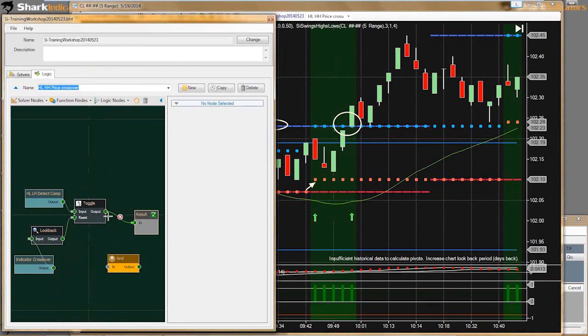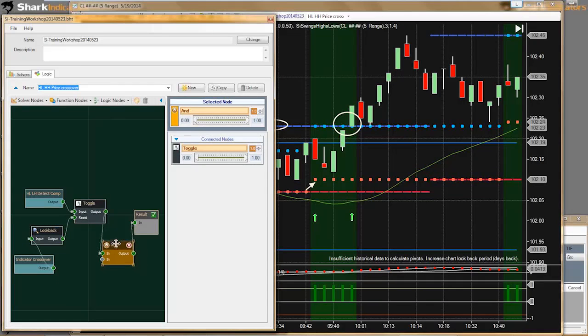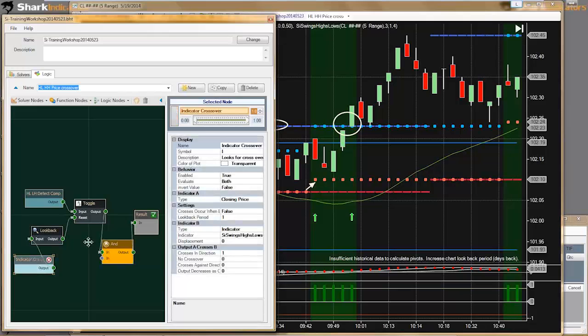And so now if we join the toggle node in with, I should give this a name here, shouldn't I? So we're looking for the close crossing over the higher high or lower low.